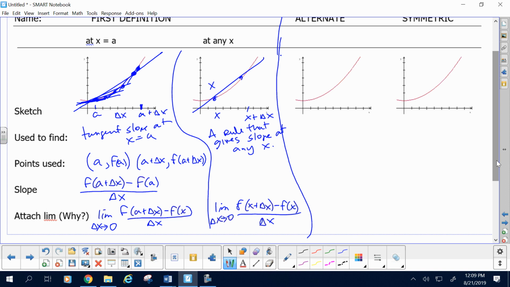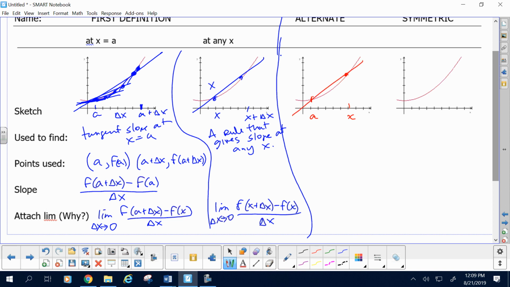So the alternate definition has a little different notation. Instead, they call this point a, and rather than use a delta x there, they just said, let this be some other point x that could change. A is a constant. X is any old point on the curve.